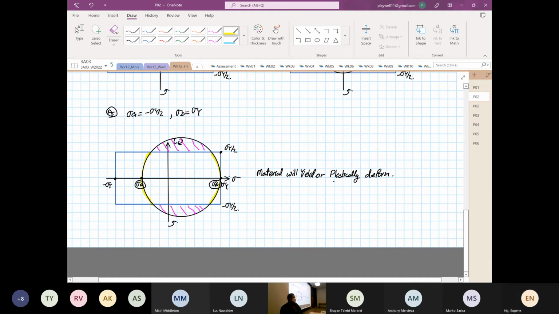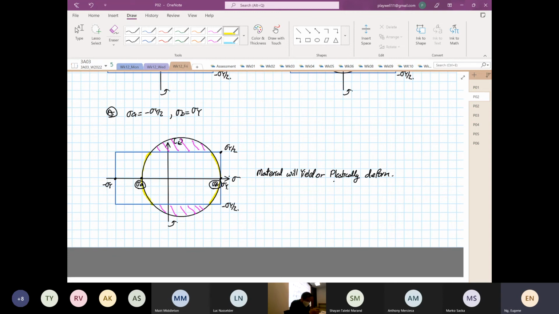Anyone? If let's say both your stress A and stress B are within the circumference and within the box, will your material yield? Anyone? It will yield. Any idea why? This is because you cannot isolate the certain part of the circle that is not going through that stress field.